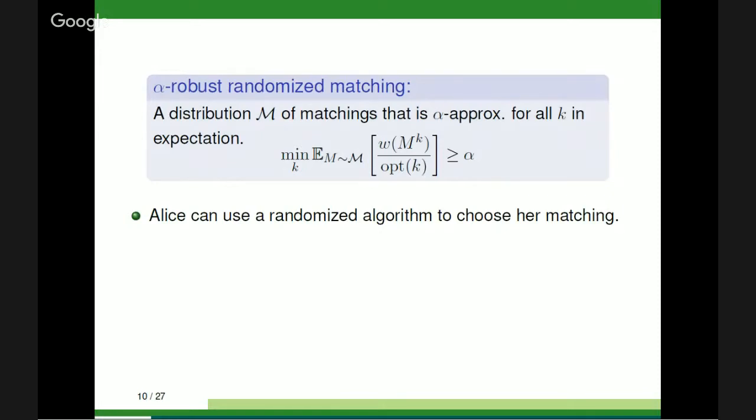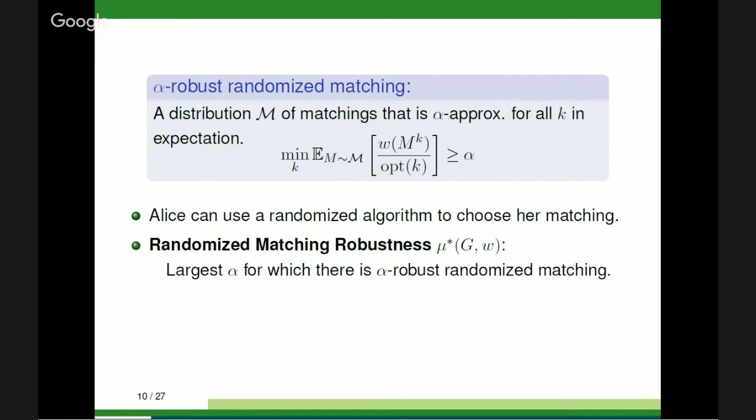It makes sense that if you allow randomization, this thing could get better. And of course, you can now define the randomized matching robustness: the largest alpha for which there exists an alpha-robust distribution, not just a matching.